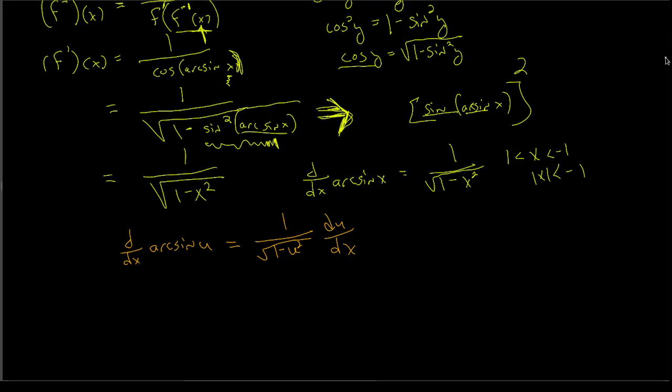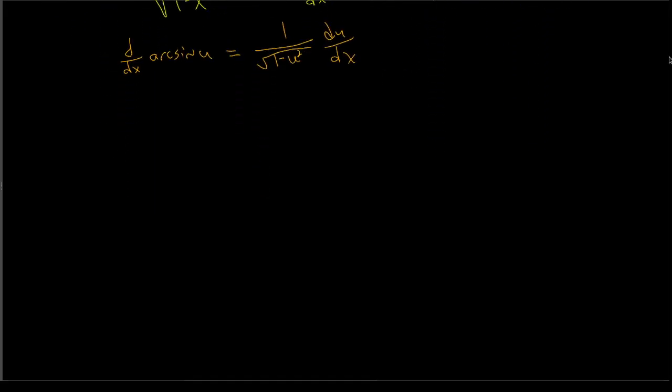Let's look at a chain rule application. Since the book looks at it now, we'll continue with the book's version of it here. And so we'll ask ourselves, what's the derivative of arcsine of x squared? Since we have u equals x squared and du dx equals 2x, then this will be 1 over the square root of 1 minus u squared, times 2x.